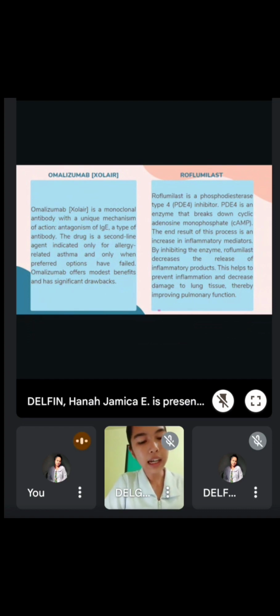Early clinical trials suggested a very small risk for cardiovascular problems and malignancy. A meta-analysis of post-marketing studies revealed no significant increase in cardiovascular events between subjects taking omalizumab and a placebo.